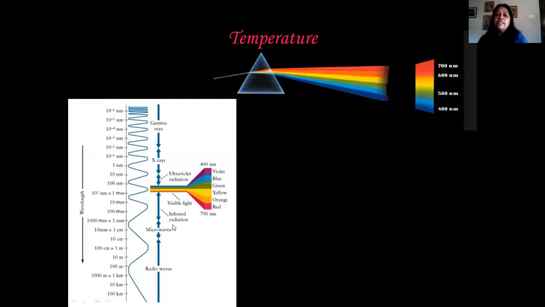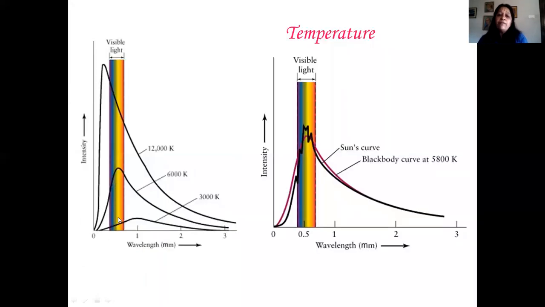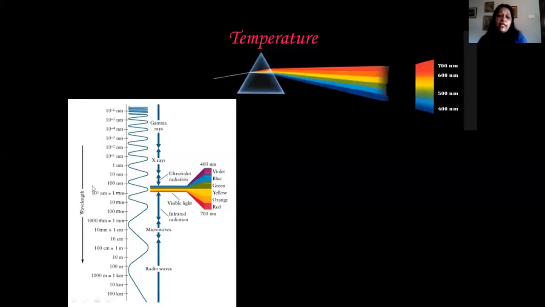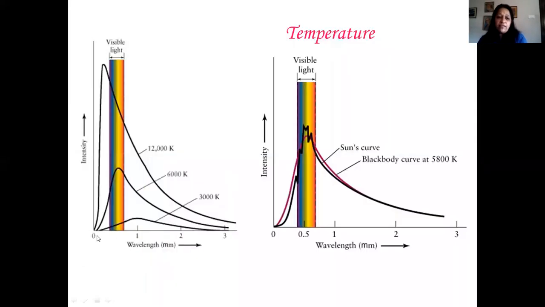But here I have a plot of what is called a black body spectrum. You can have a whole range of wavelengths, and like I mentioned, only a certain part of this is observed by our eyes, which is optical light. If you have a radiator or a hot body, it basically emits radiation in all wavelengths, from wavelength 0 to infinity.